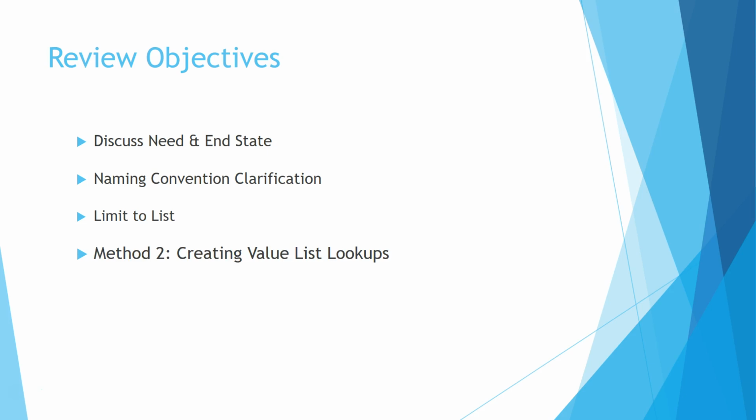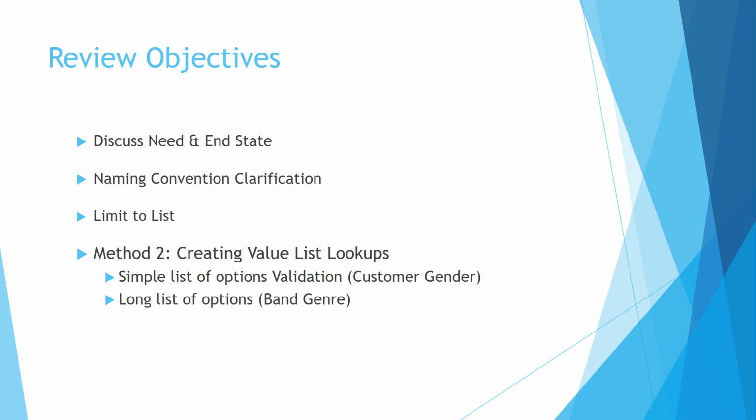We've covered creating list lookups, simple list of options such as the customer genre, gender, and long list of options including band genre, one being mandatory, one being optional. And we've also covered additional validation rules.